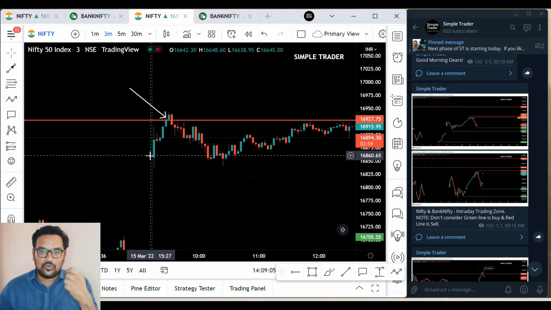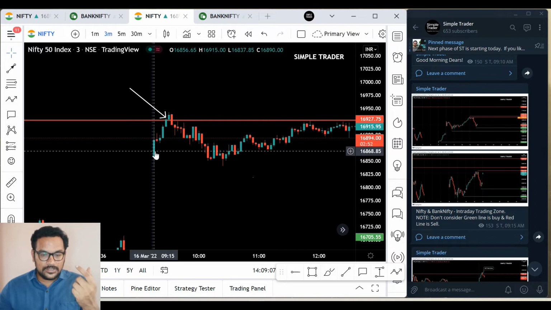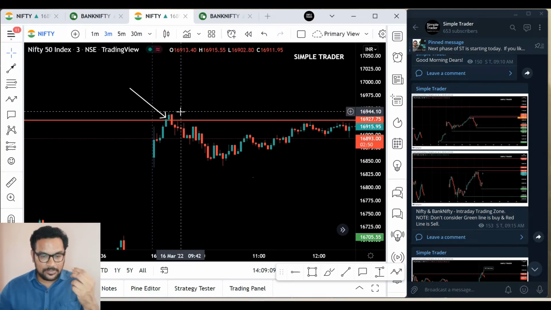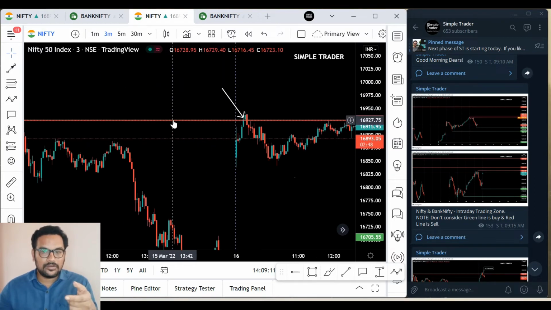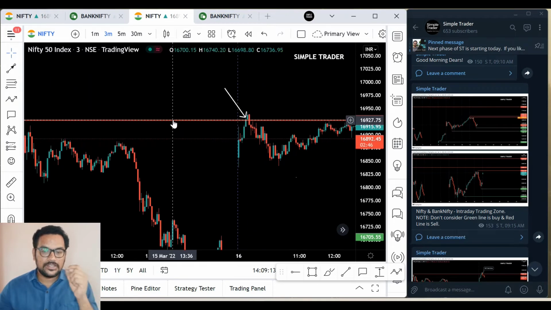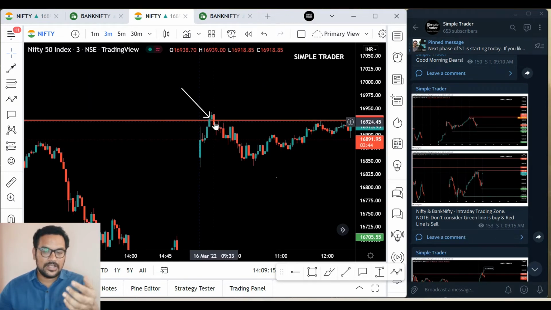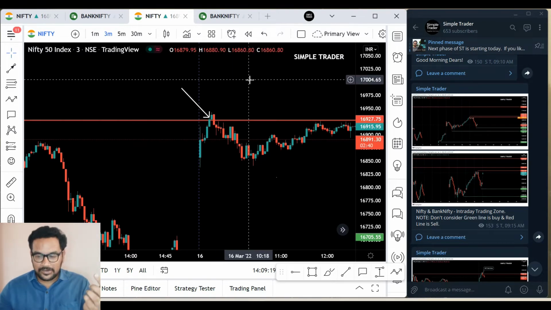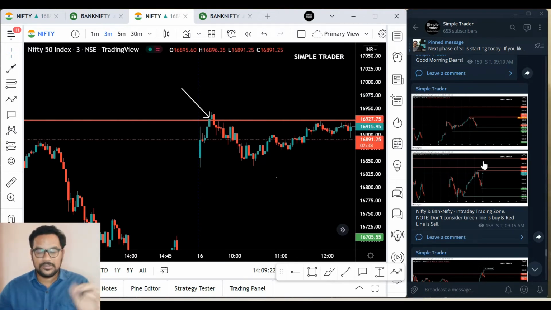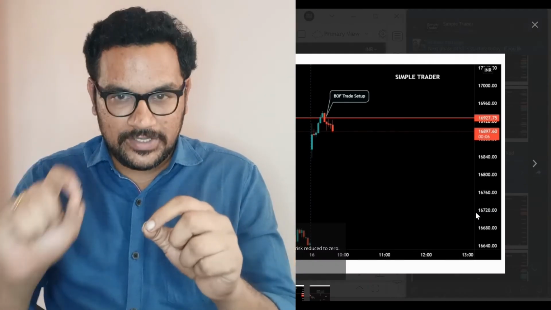But what happens? In this area we are already expecting sellers to come in, right? So there is no surprise in this red candle. As expected, the sellers entered, and that creates our BOF setup. That's it, nothing more. It's very simple.